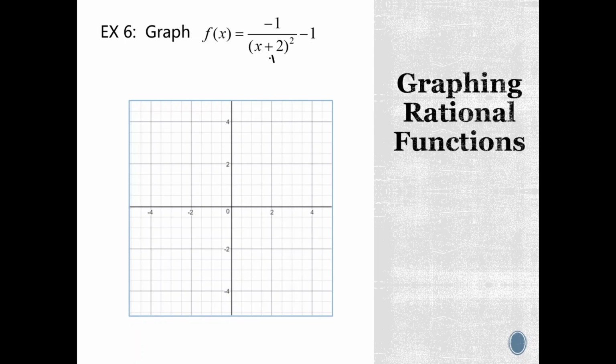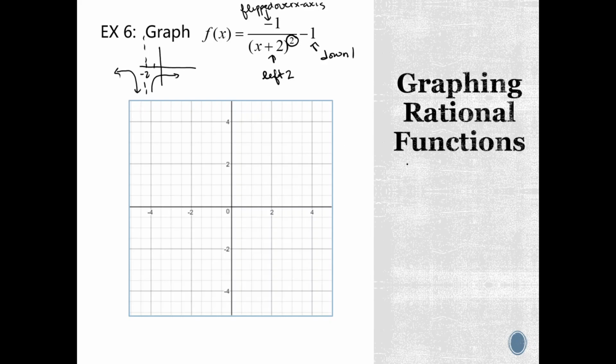In this case, I've now moved it to the left 2. I have flipped it over the x-axis, and I've moved it down 1. Okay? So when we're done, that means I'm going to have my vertical asymptote at -2. It is also a square. That means they're both going in the same direction, so I'm going to be doing something like this.